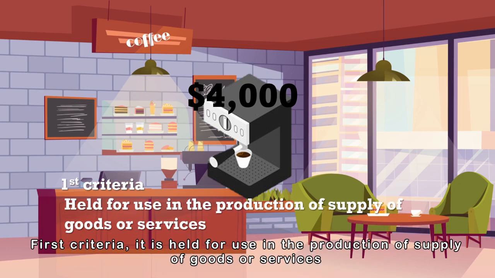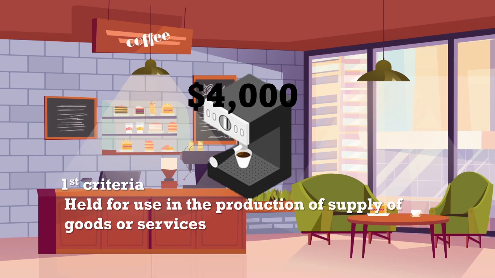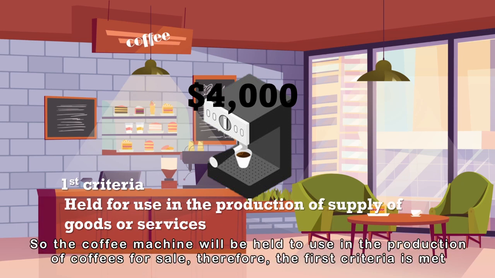First criteria, it is held for use in the production of supply goods and services. So the coffee machine will be held to use in the production of coffees for sale. Therefore, the first criteria is met.